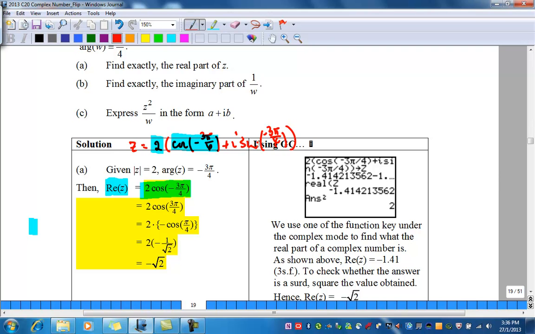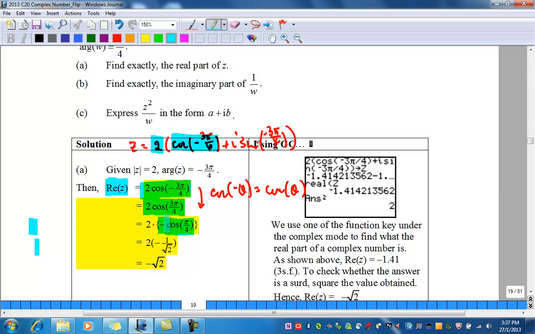And we know that cos of the negative angle is equal to cos of the positive angle. Therefore, 2 cos negative 3 pi over 4 is the same as 2 cos 3 pi over 4. And since 3 pi over 4 is in the second quadrant, cos is negative, but the basic angle is pi over 4.